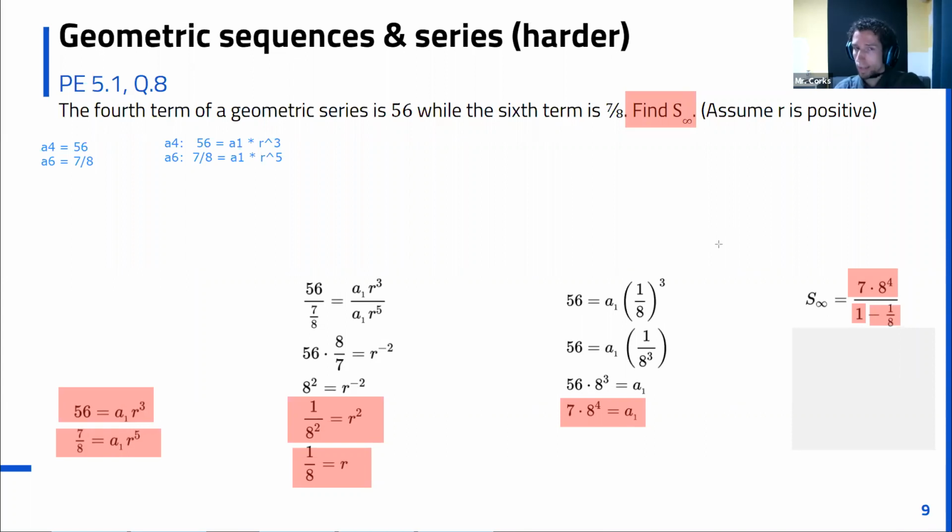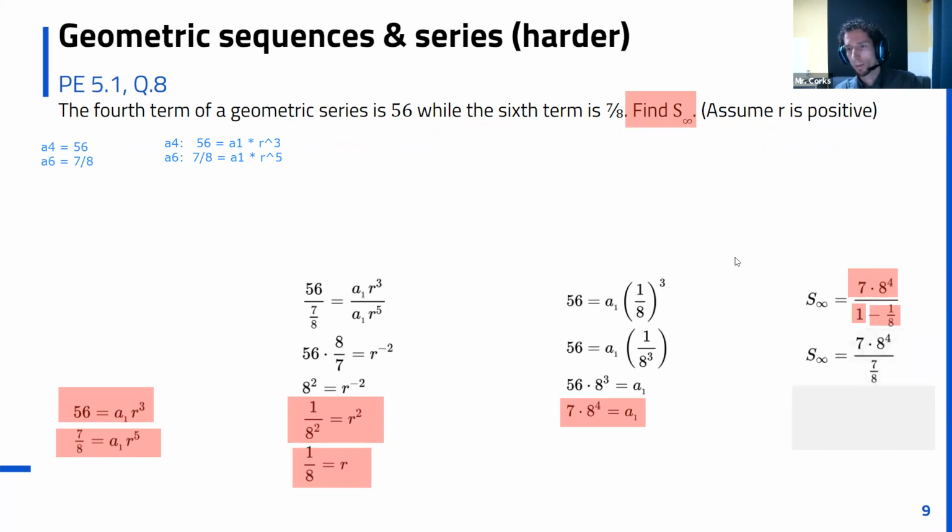Remember, there is no infinite sum formula where it's R minus 1. It's only ever 1 minus R, because our R value must be less than 1. Our absolute value must be less than 1. So then we're going to get a 7/8 on the bottom.